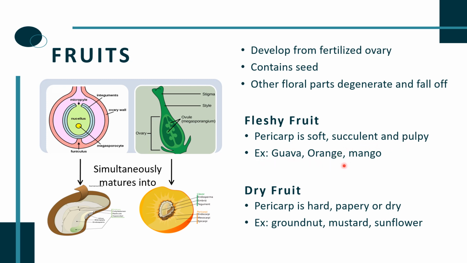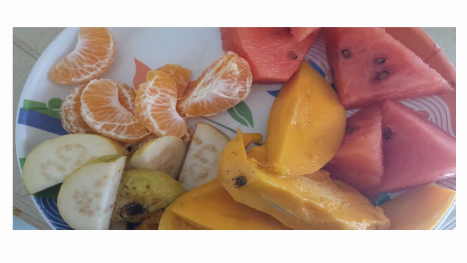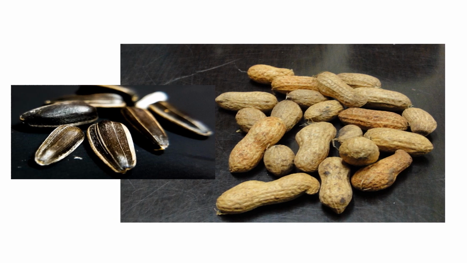Examples are guava, orange or mango fruit. Or fruits can be categorized as dry fruit, where the pericarp is hard, papery or dry, as observed in groundnut, mustard or sunflower seed. Here are examples of fleshy fruits, and these are examples of dry fruits.